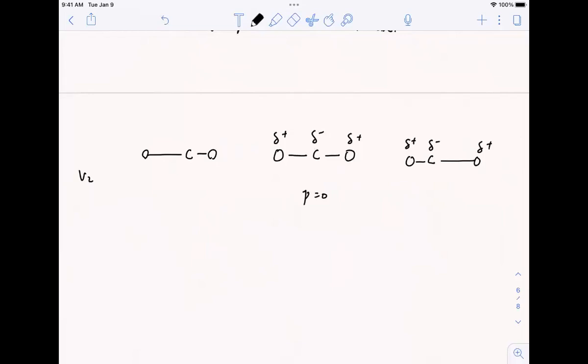I think more accurately, you have more negative charge here. And so the dipole will go like this. Okay. Does the dipole go from negative to positive, or positive to negative? Okay, so this way. So you can say P is larger than 0.